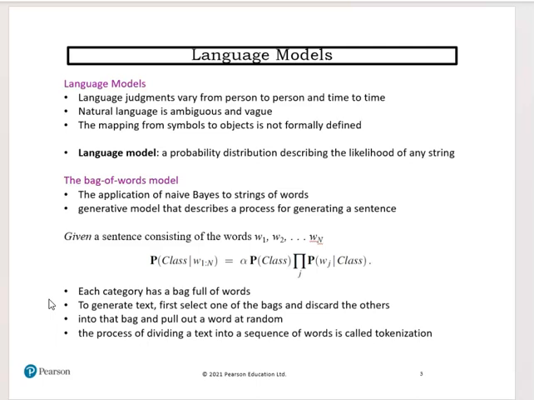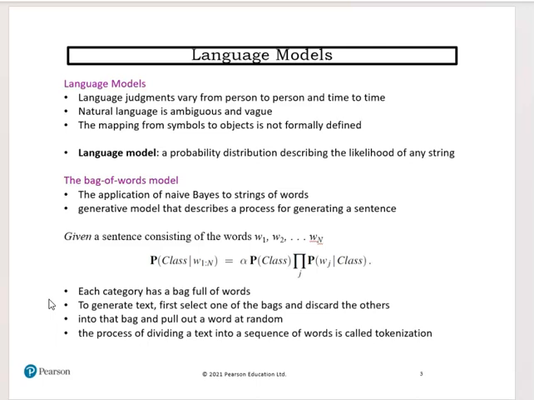So that's what the language model should be able to do here: assign a probability that reflects the likelihood of a given sentence or part of a sentence. So a language model is a probability distribution describing the likelihood of any string.